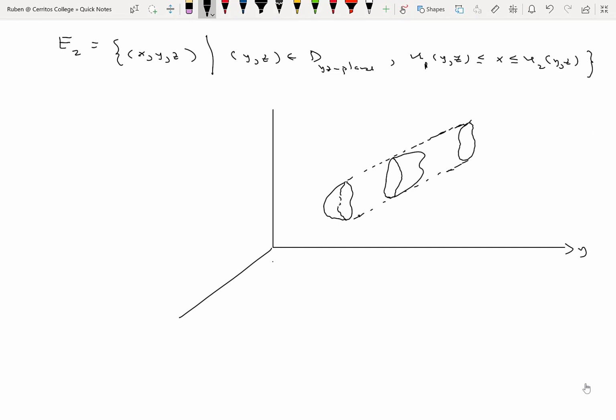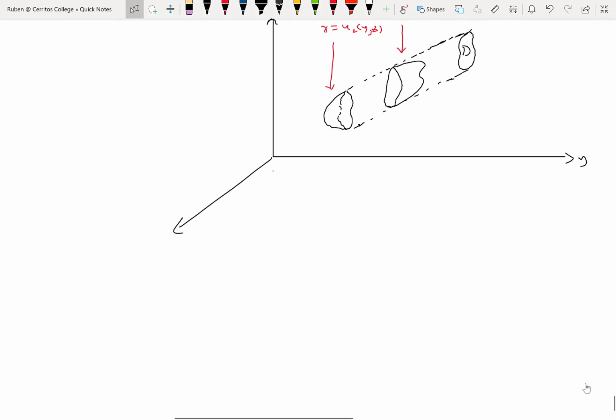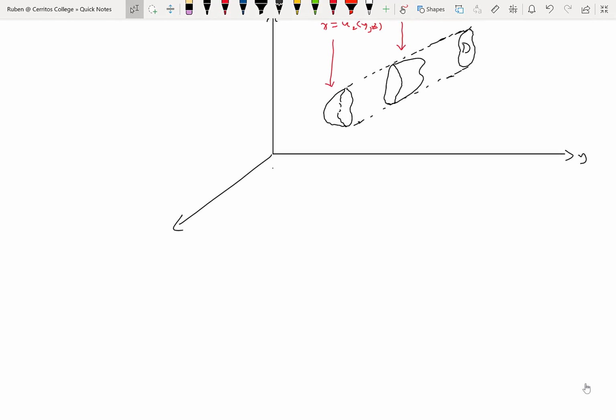In the YZ plane, you have your region D. The first surface in the x direction is x equals u1 of y and z, and the one in front is x equals u2 of y and z.